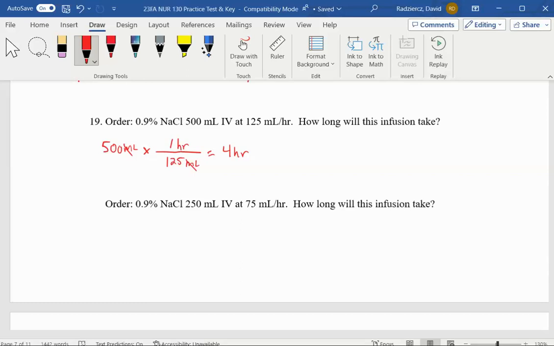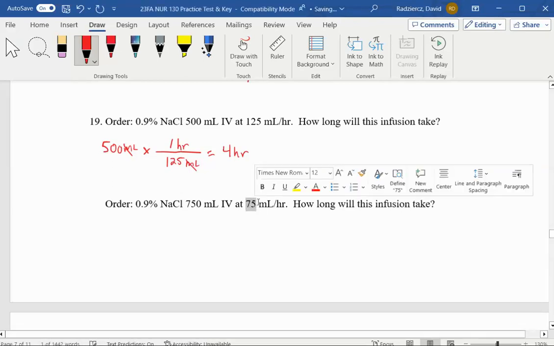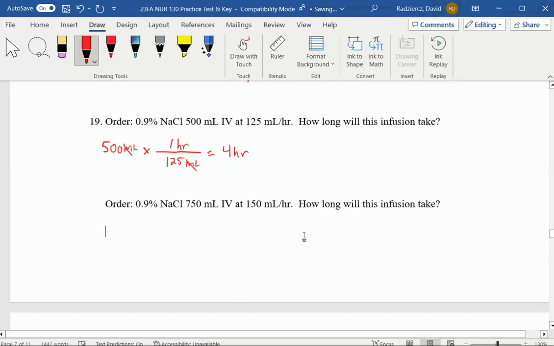Now on Tuesday, somebody asked me, what if we get a decimal answer? How would we calculate hours and minutes? I'll show you how to do that here. But let me just give you another scenario. Let's say this is 750 milliliters, and this is 150 milliliters per hour.